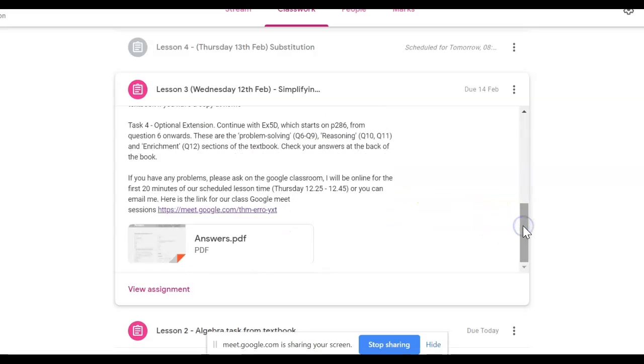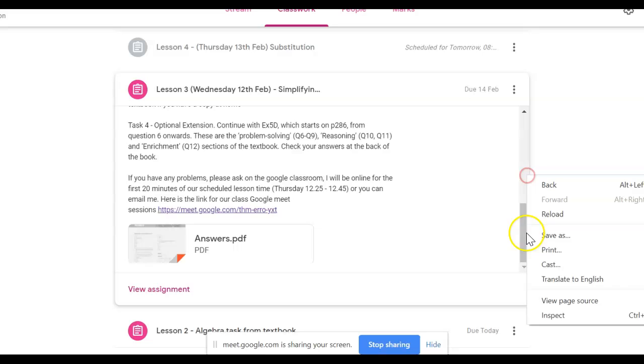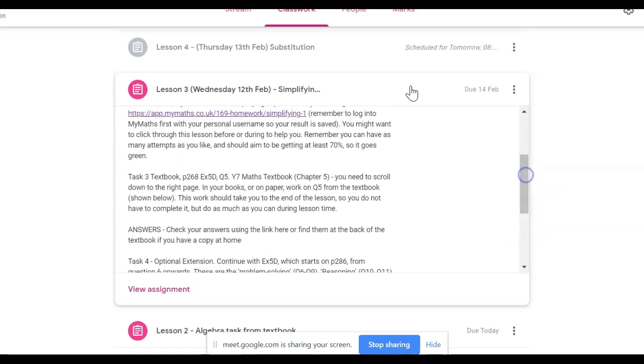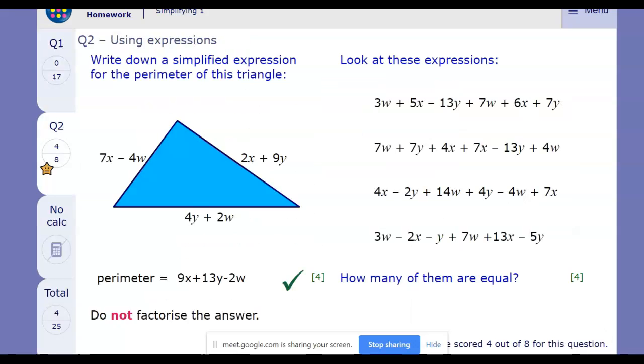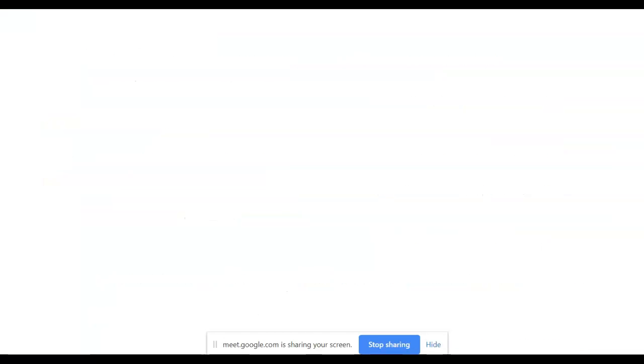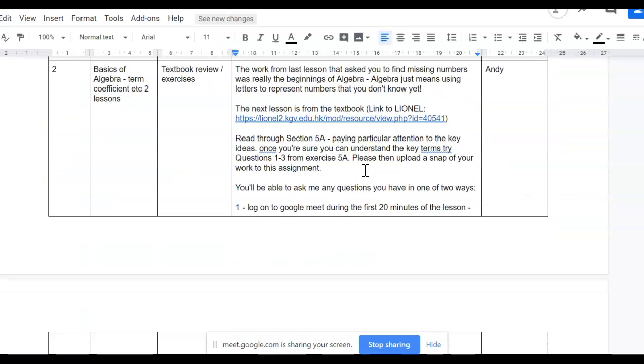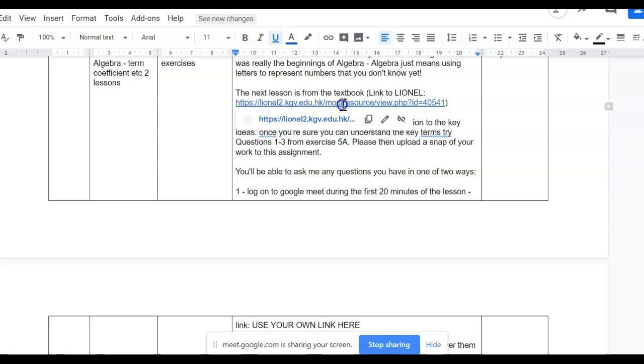The only 2 things you need to do today are the My Maths task, which we've just had a look at, these 2 questions, and then the textbook exercise. I'll just see if I can find that textbook link for you now. Yeah, here we go. Here's the textbook.